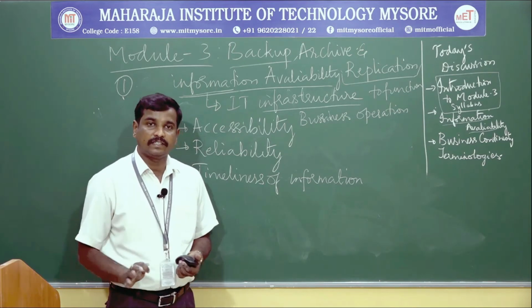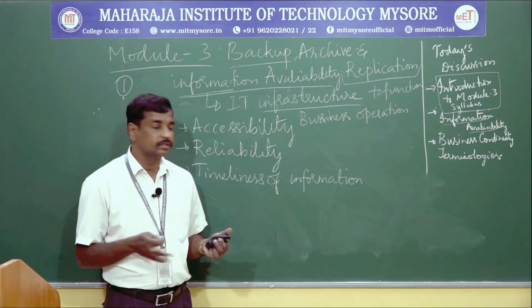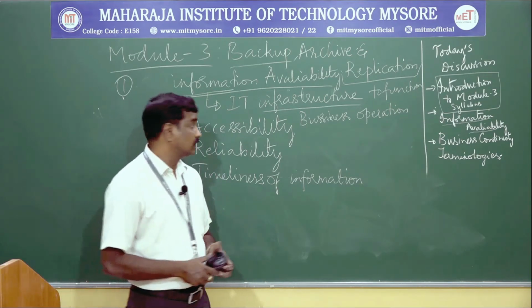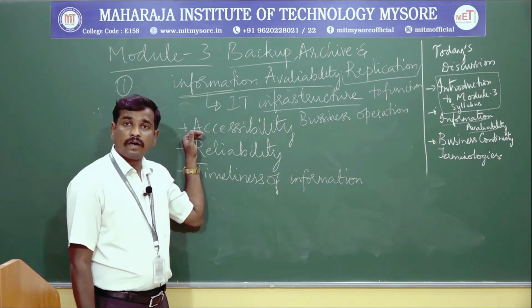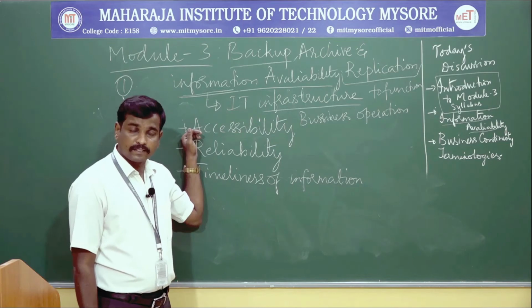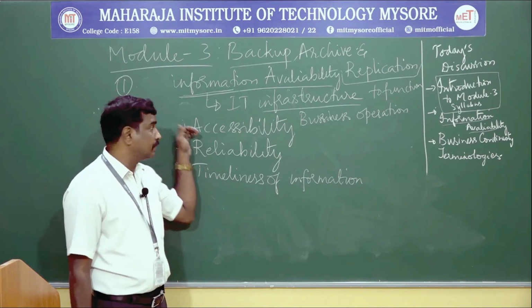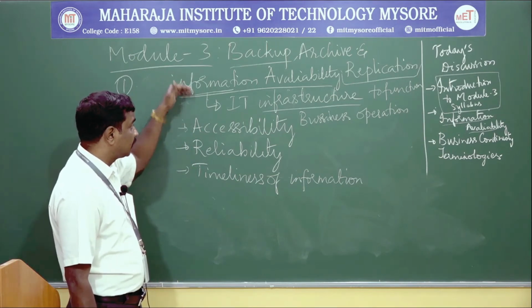Immediately, within the time window, the information needs to be provided. Data having accessibility at the right places for the right users is considered an information availability parameter.